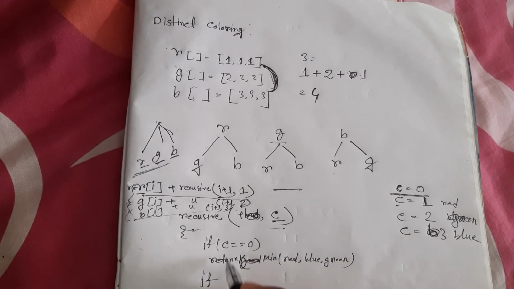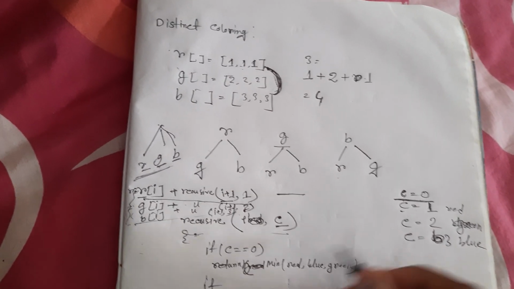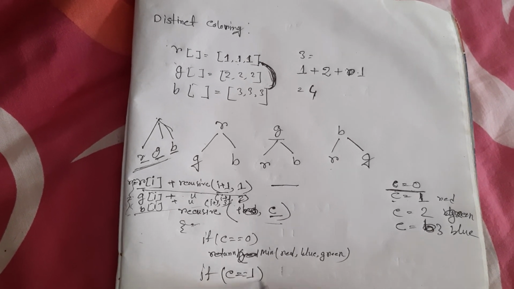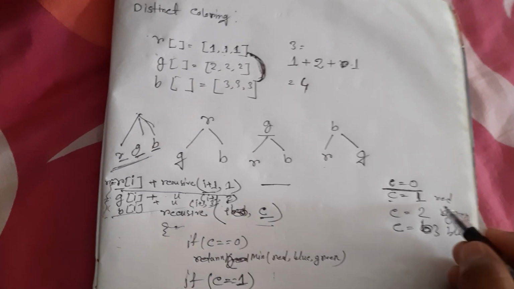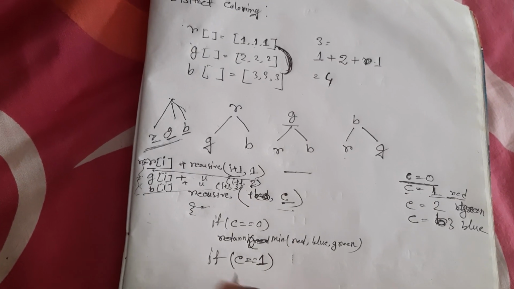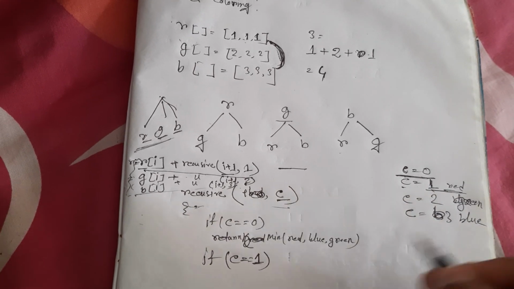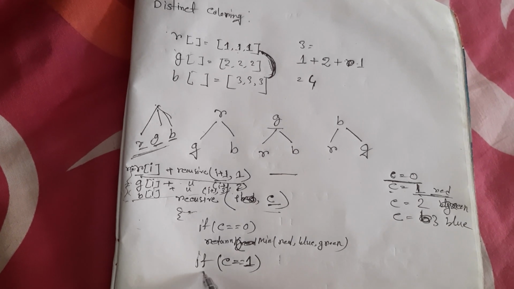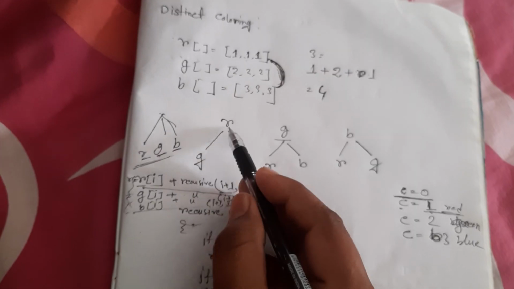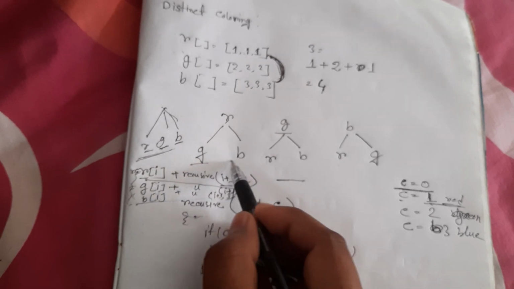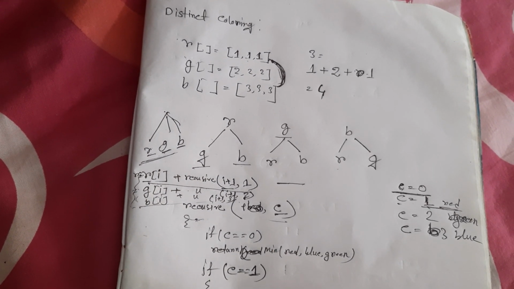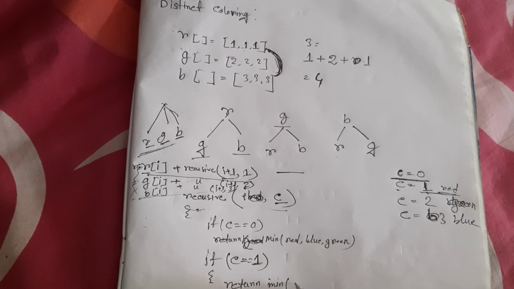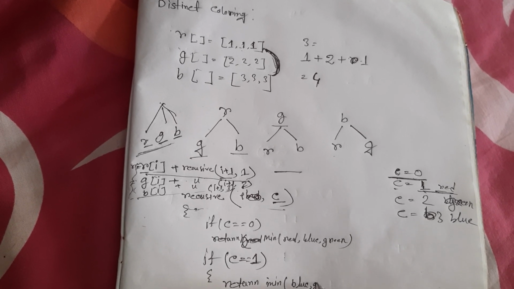Next, if the C value is 1, that means previously we have chosen red. For that case we have to choose one of the other two colors. So if the previous color is red, we need to go with green or blue. In that case we should return the minimum of blue or green.